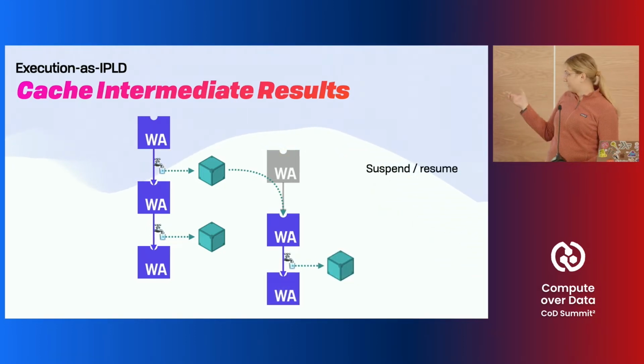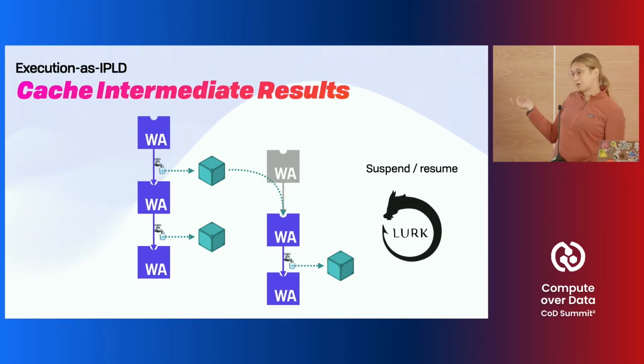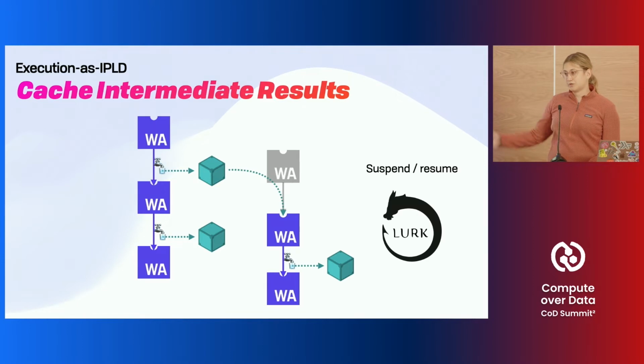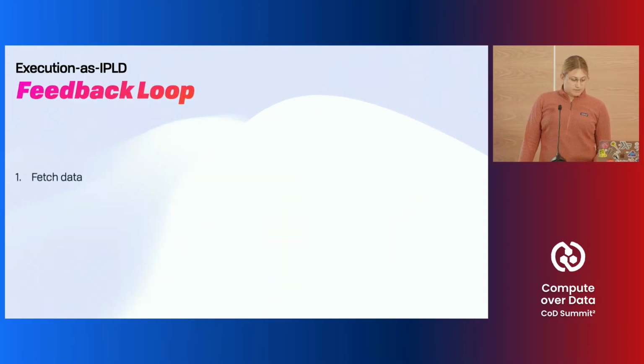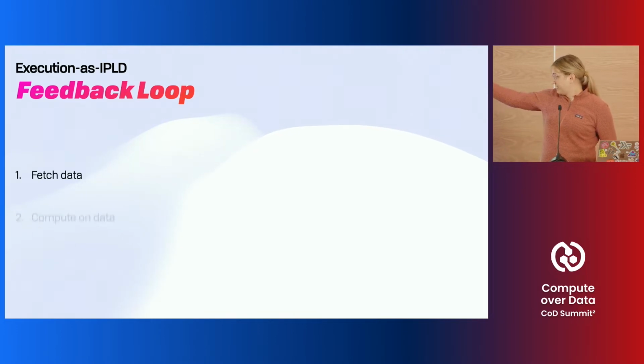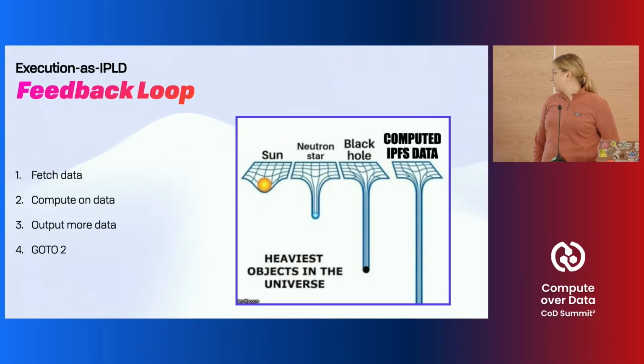This looks a whole lot like a suspend-resume system, which I mentioned earlier, which is actually also how Lurk works, if you're familiar with Lurk, where they externalize their internal state from time to time. The feedback loop here is we're going to fetch data, compute on that data, output more data, and then repeat. So we're going to make computed IPFS data the heaviest object in the universe.